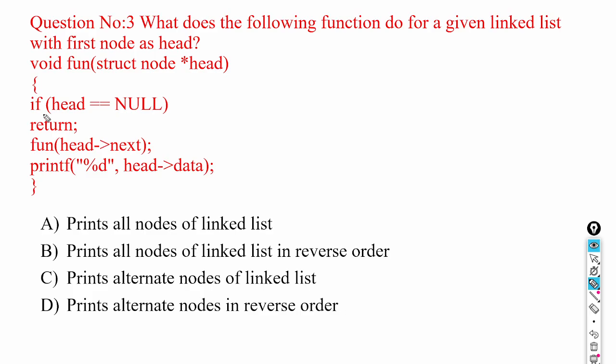Here, if head is equal to null, then return. What this statement means is that it stops the recursion at the end of the list. Head equal to null means there is no element to move to next, so immediately we use return.